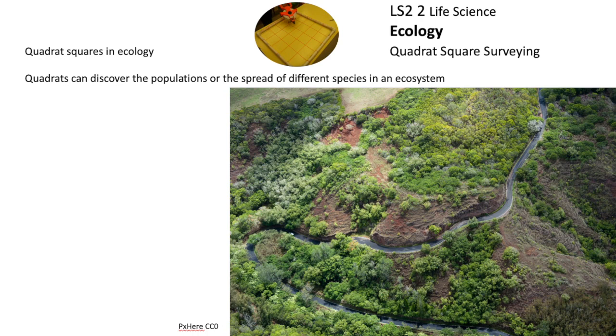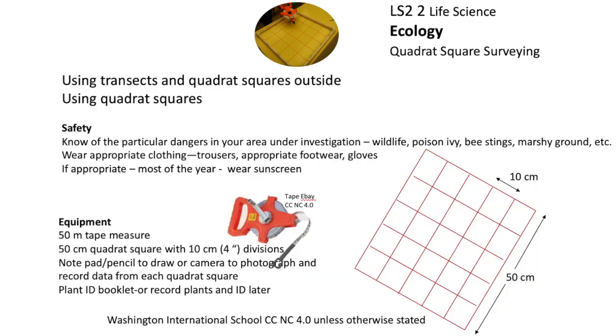So quadrats discover populations and the spread of different species in an ecosystem, used for plants and relatively sessile animals, because if they're moving a lot it's not going to be useful, and some marine or aquatic activities.